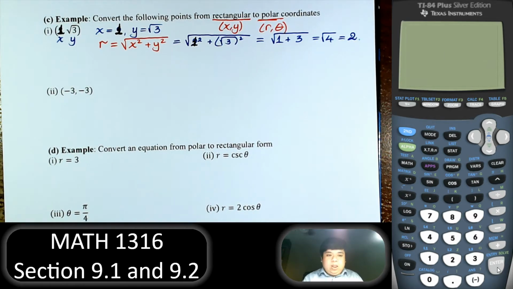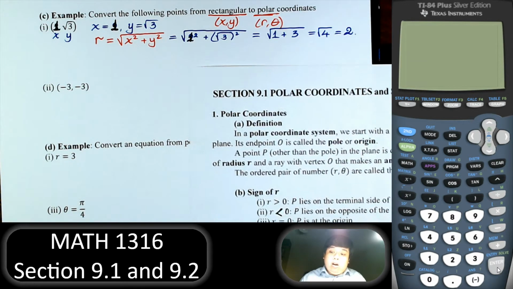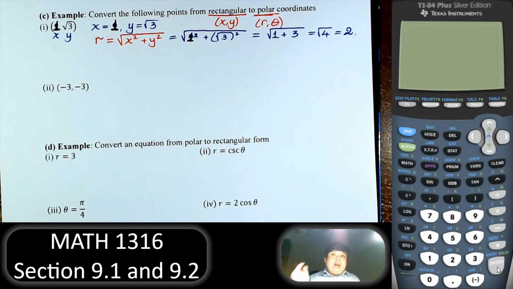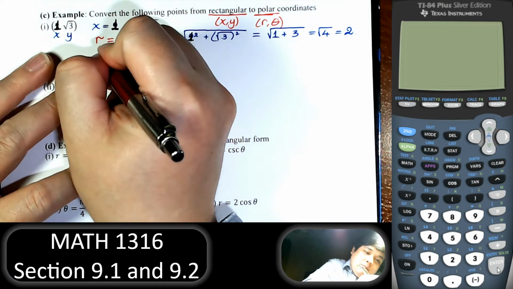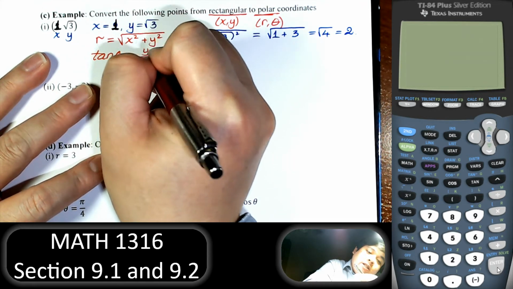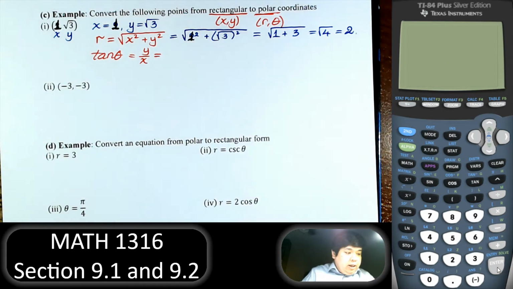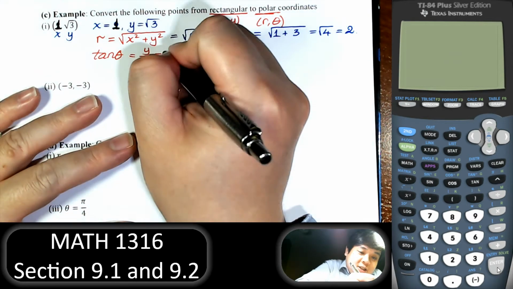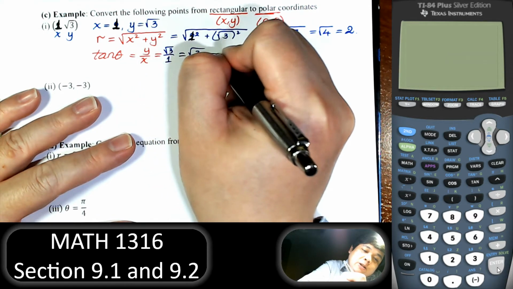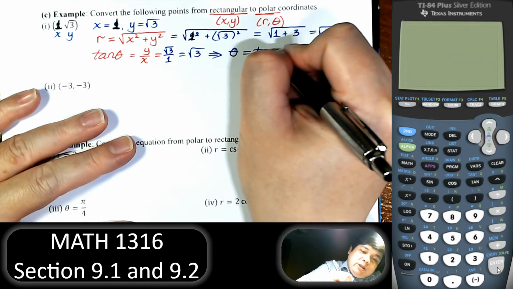Right. So how do we get to theta? We have r. Good. Now, tangent of theta is y over x. I did not say that theta is tangent inverse, but we say tangent of theta is y over x. In this case, we have y over x, so we can solve for theta, which is tangent inverse.